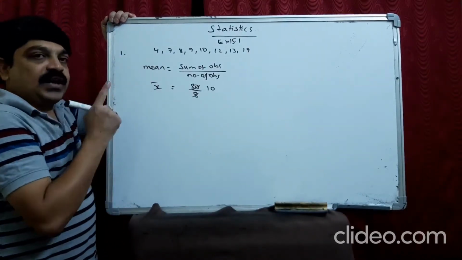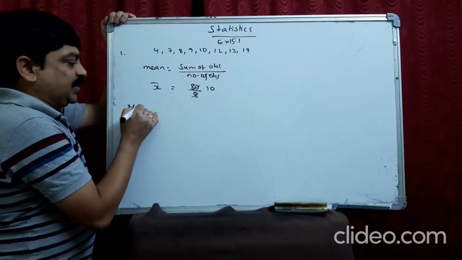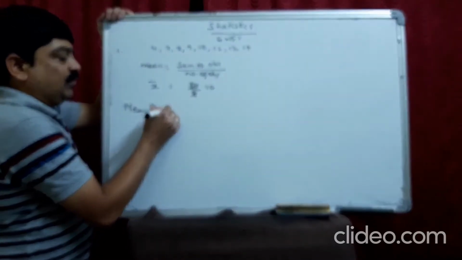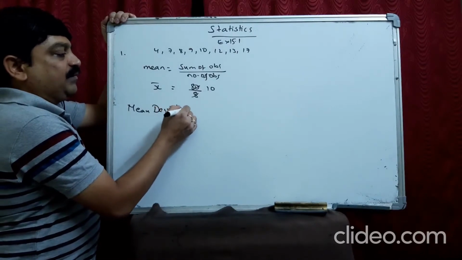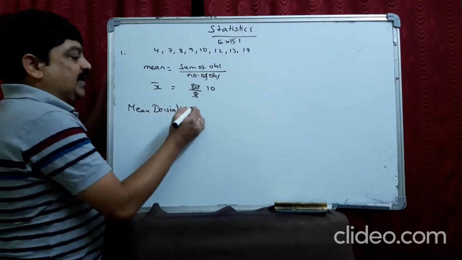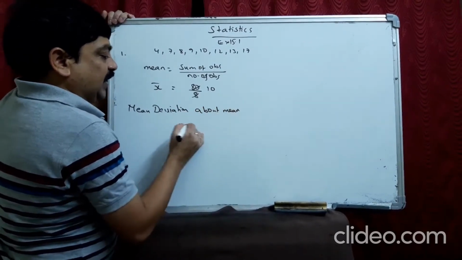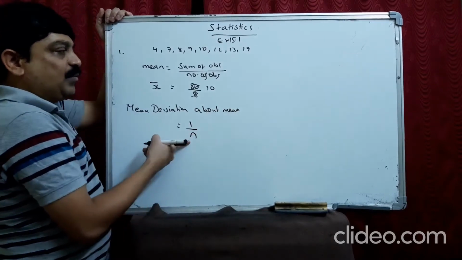Now, for ungrouped data, the mean deviation, which we write as MD from the next problem onwards, about the mean is given by 1 by n, where n is the number of observations.